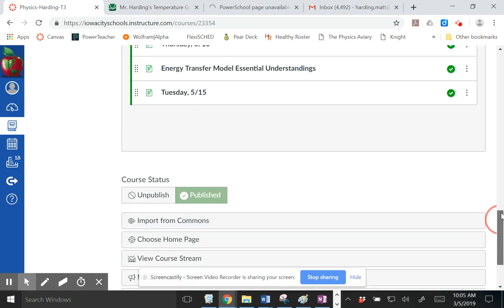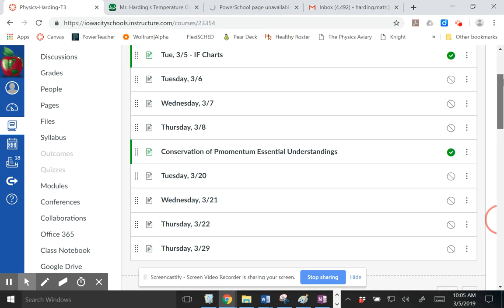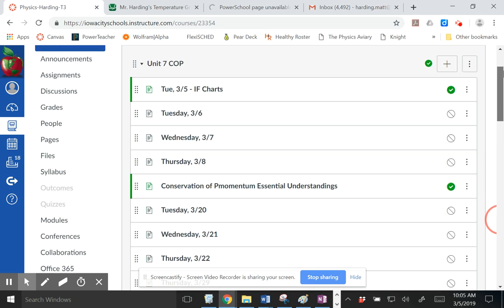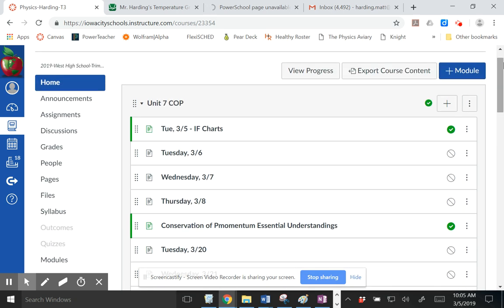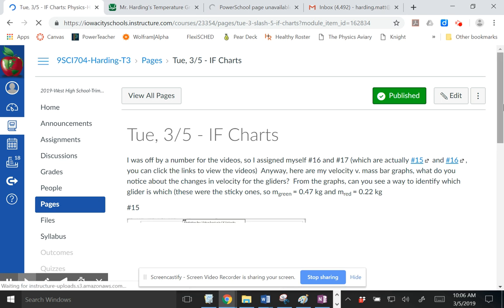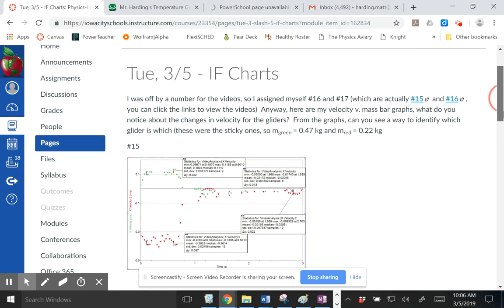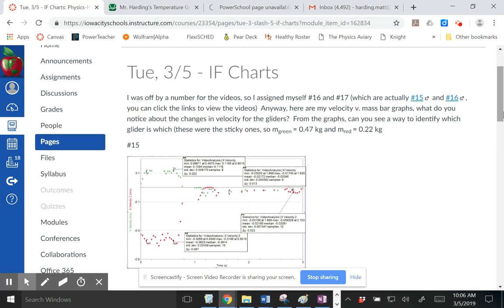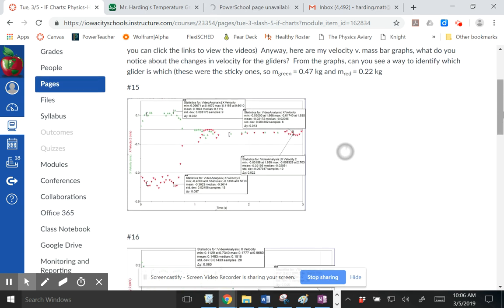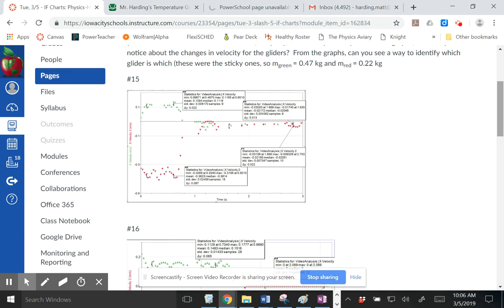Now over on Canvas, there should be some stuff if you take a glance. The COP unit, which I don't even know what that means. But then today we're talking about graphs. And what I have for you is some examples of velocity versus time graphs, okay?